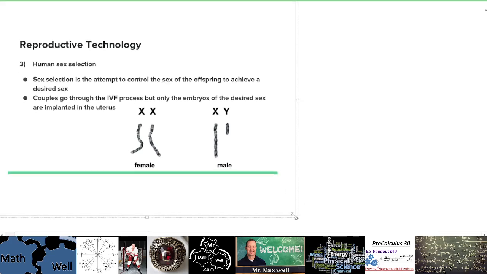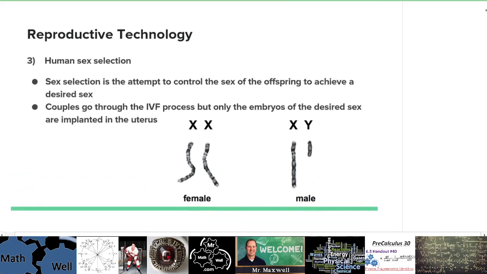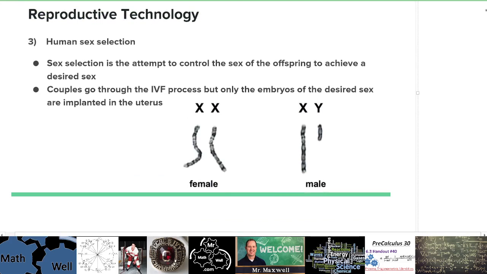All right, human sex selection. Okay, sex selection is an attempt to control the sex of the offspring to achieve a desired sex. Couples go through the IVF process, but only embryos of the desired sex are implanted in the uterus.